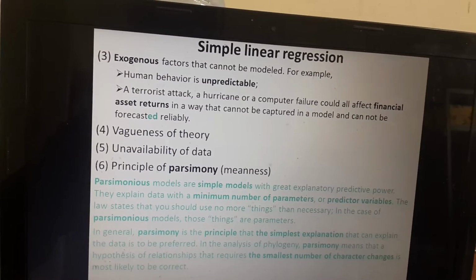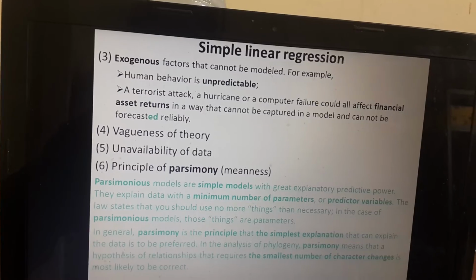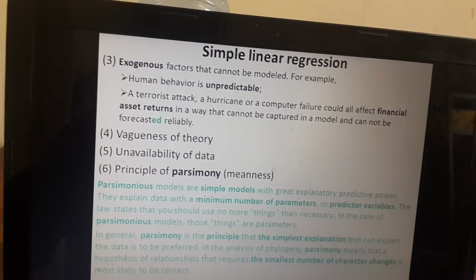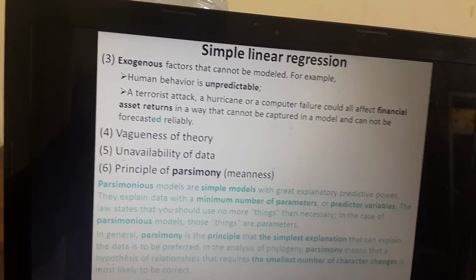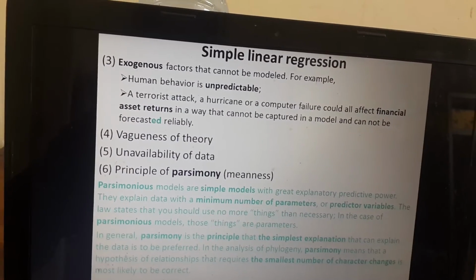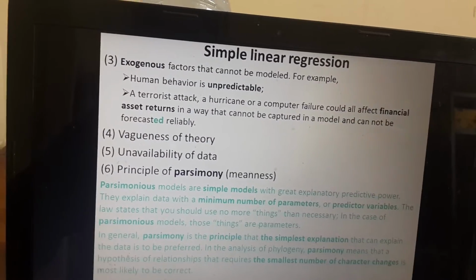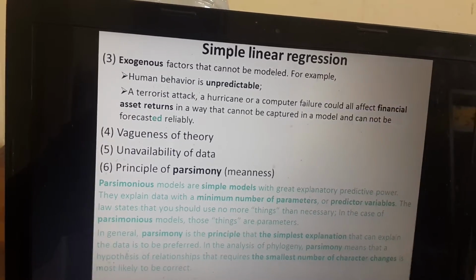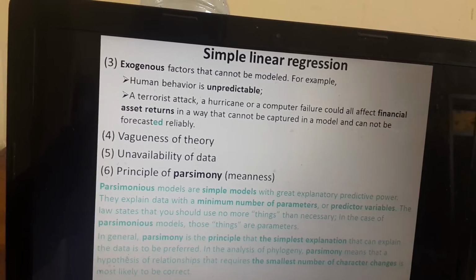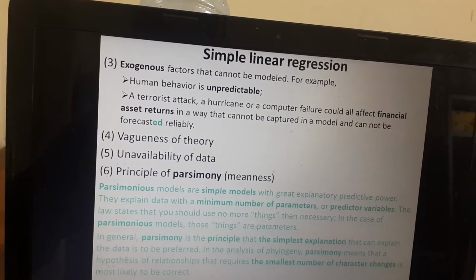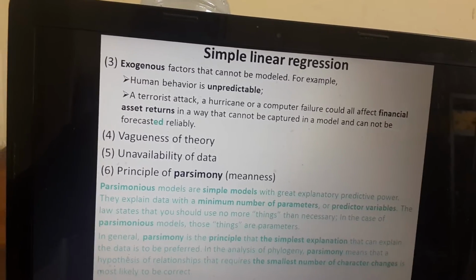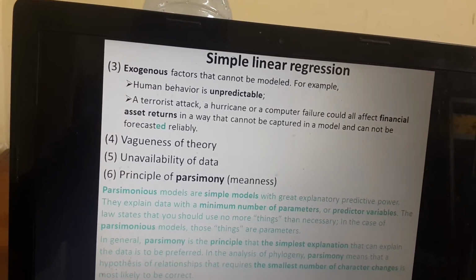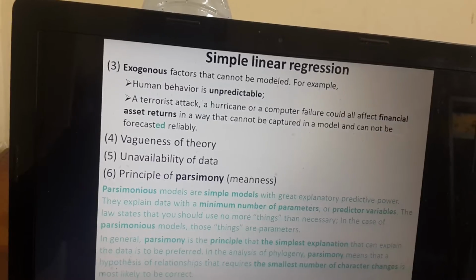Vagueness of the theory, unavailability of data, and the principle of parsimony can also be reasons for this extra error term. The error term is related to a degree of tolerance. If it is less than 0.05 or 5%, it is tolerable. If it is more than that, it is not tolerable.